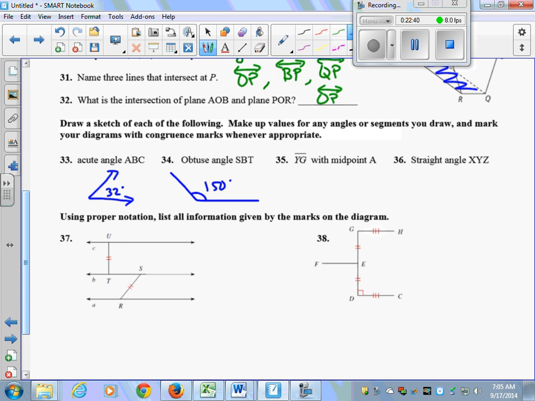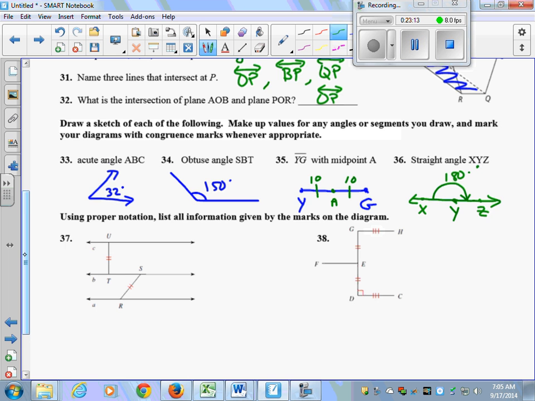And segment YG, so 2 endpoints, because it's a segment, not a line, with midpoint at A, so you're going to put the A right in the middle. Make sure you're marking those congruent, because that's the only way to know that's the midpoint. If you were going to make up numbers, maybe 10 and 10. Straight angle XYZ. Remember, Y is the vertex, so that has to be in the middle. Straight angle is 180 degrees, so maybe we'll label that.